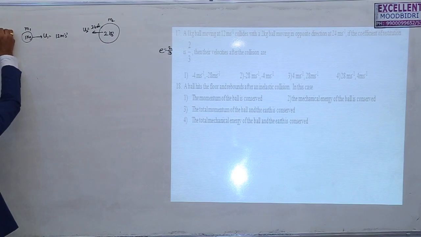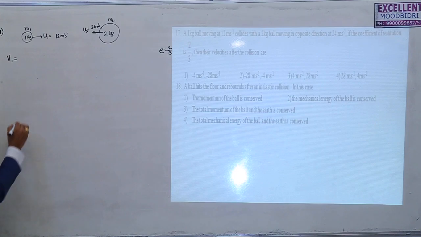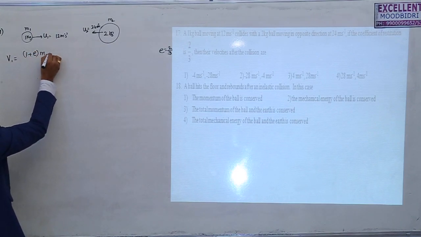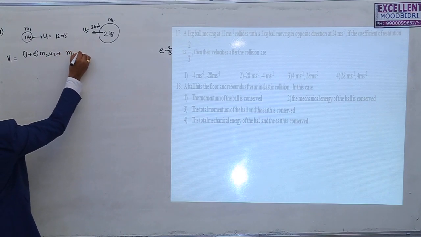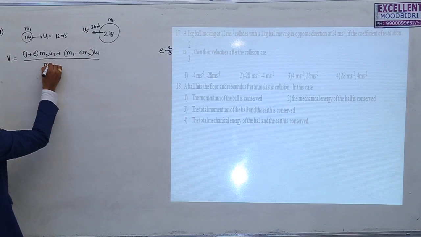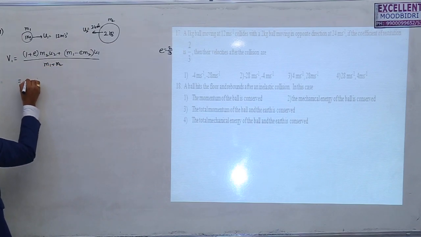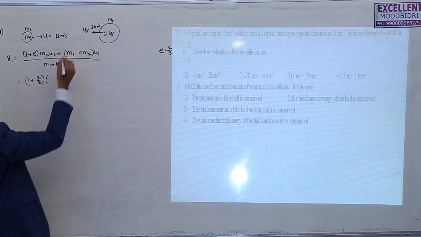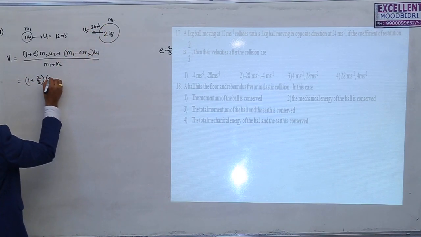So the velocity in inelastic collision is given by (1 plus E) into m2 u2 plus (m1 minus E m2) u1, divided by m1 plus m2. By substituting, 1 plus 2 by 3, m2 u2 is equal to 24 into 2.